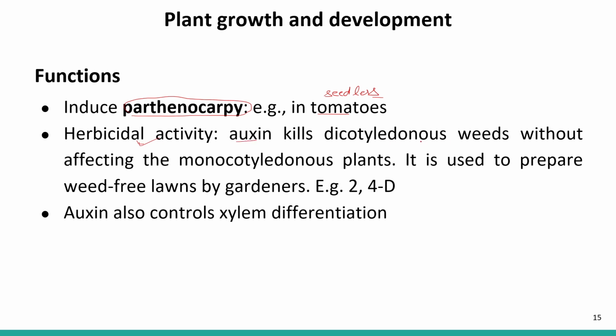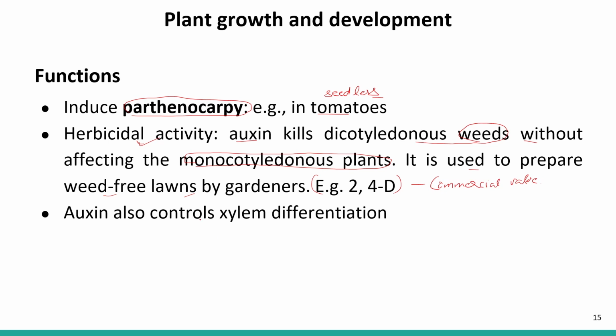They kill the dicotyledonous weeds, but they don't affect the monocotyledonous plants. That's why they are used by gardeners to prepare weed-free lawns. An example is 2,4-D, 2,4-dichlorophenoxyacetic acid. So auxins also have commercial value.